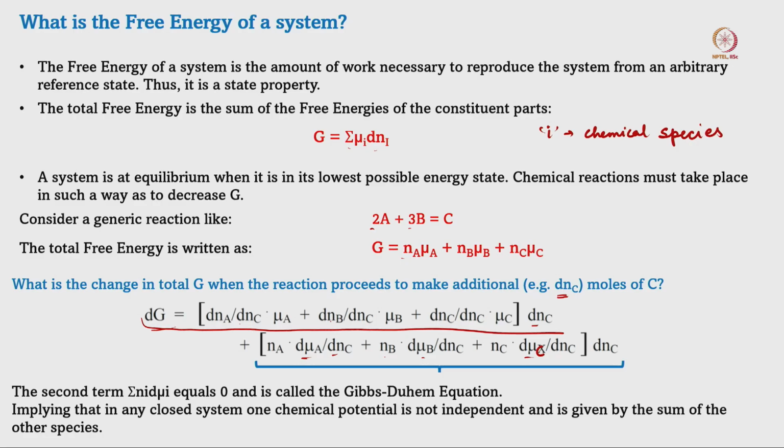So, if you are changing one particular chemical composition, that means the chemical potential of the other species in that system will also change. Therefore, this particular term becomes 0, and that equation we call the Gibbs-Duhem equation.